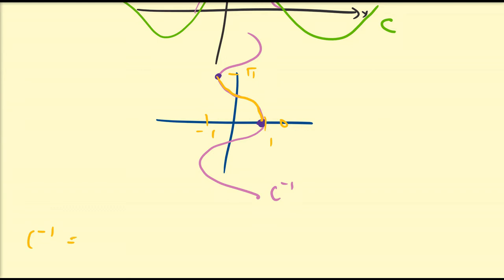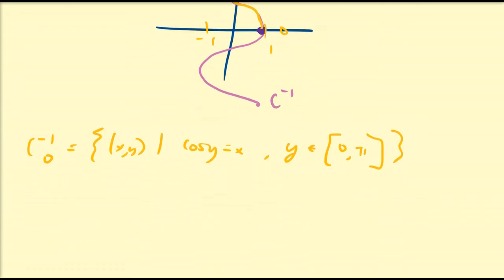So this is going to be the set of points x, y, such that cosine of y is equal to x, and y belongs to the interval 0 to pi. So that's going to be my principal branch, which you can subscript as 0 to denote the principal branch, or you can subscript it as pi. It depends really what you're trying to emphasize with this subscript. So that's going to be my principal branch of inverse cosine.